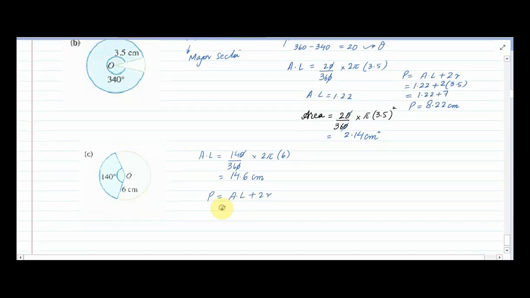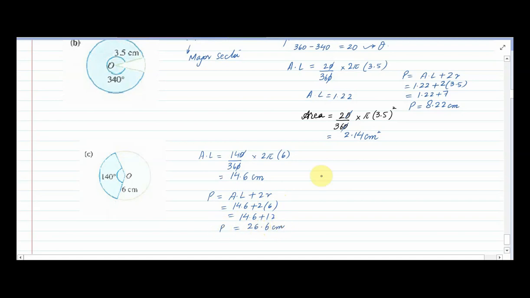So arc length is 14.6 plus 2 times 6, so it will be 14.6 plus 12, which is 26.6 centimeter. That is the perimeter.